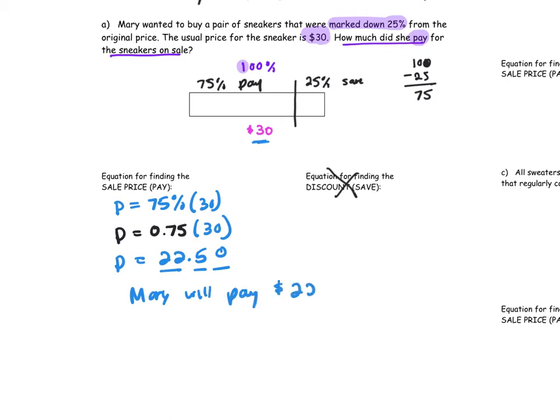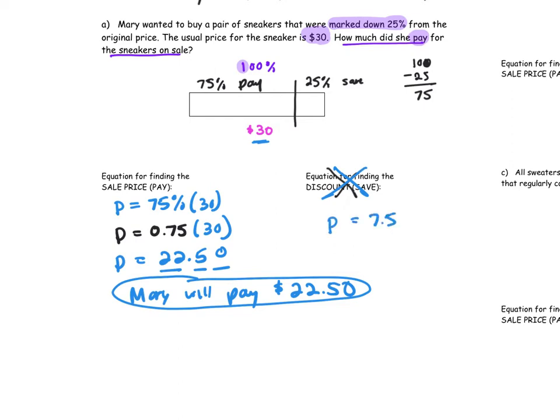Remember when we started this, we finished with a sentence that answered the question. And we didn't need this equation at all. However, if you did it, that was kind of your confirmation, because I know that many people showed me that the part on this one was 7.5. And when you add 7.5 and 22.5, you do indeed get 30.